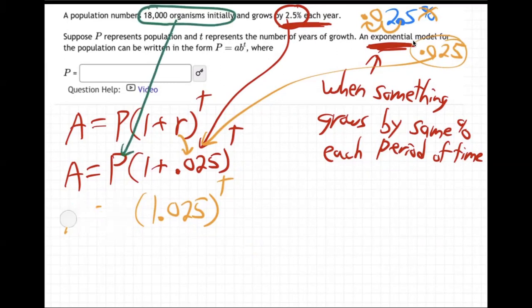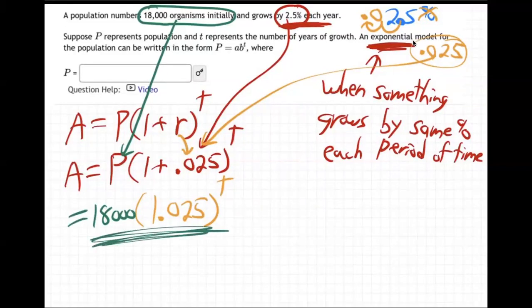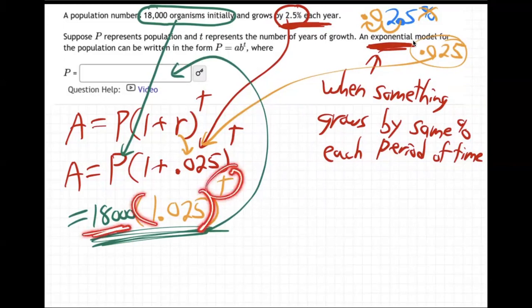So I'll make this right here 18,000. So there is our formula, and that's what you're going to put in the box right here. So it's 18,000 times 1.025 to the T.